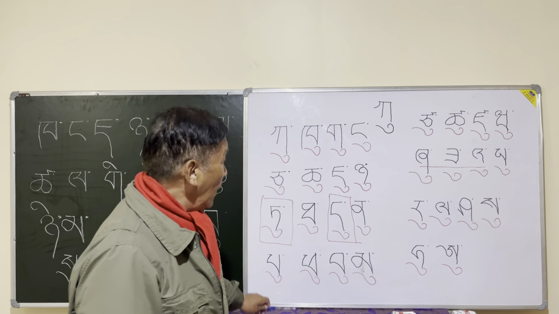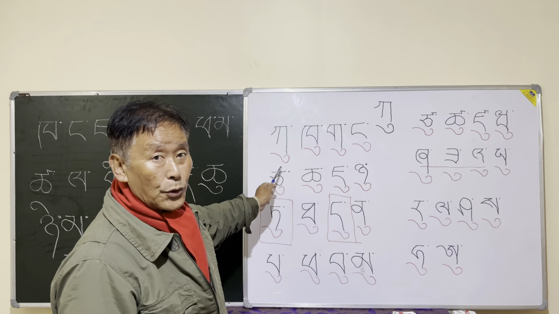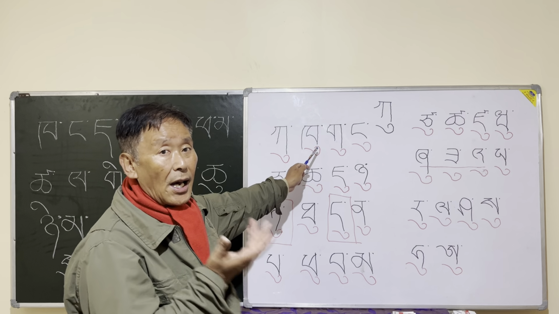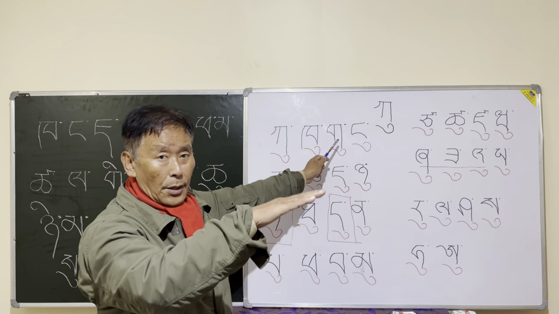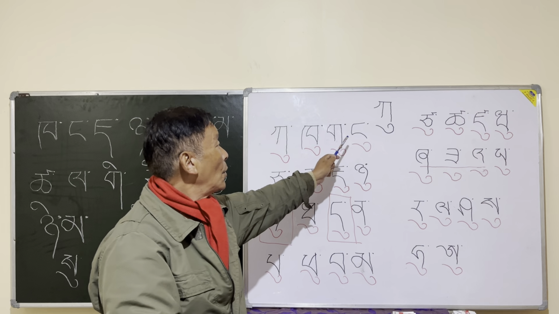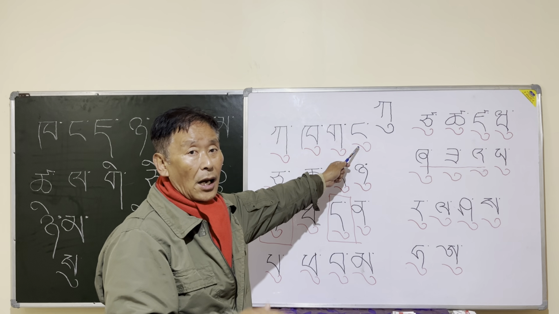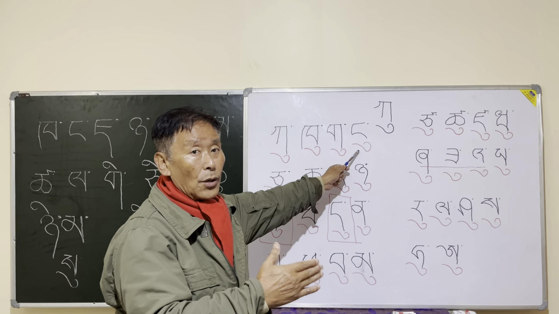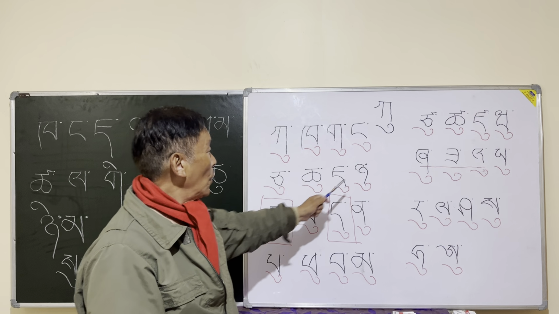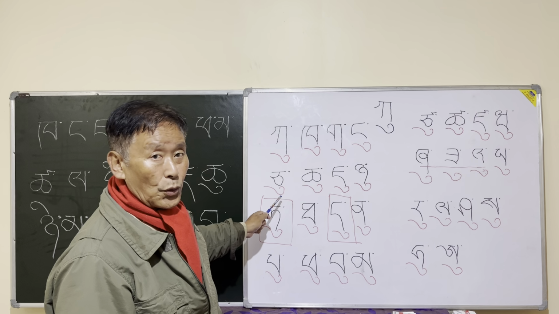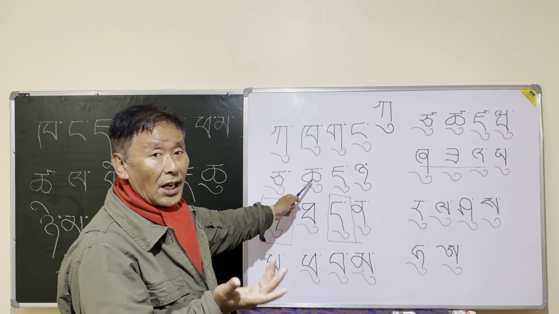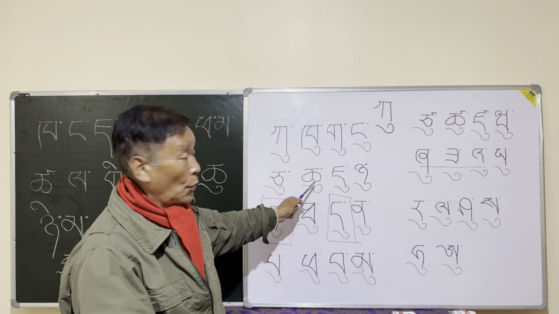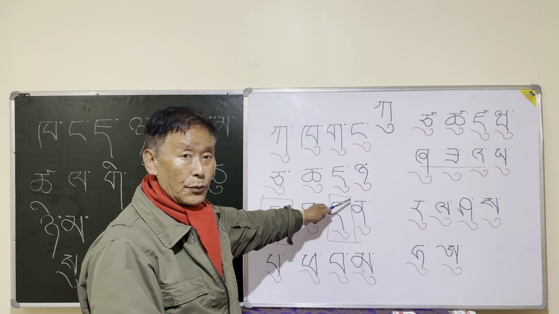Okay, short review. Ka shep ju ku, ga shep ju gu, nga shep ju ngu, cha shep ju chu, cha shep ju chu, ja shep ju ju.